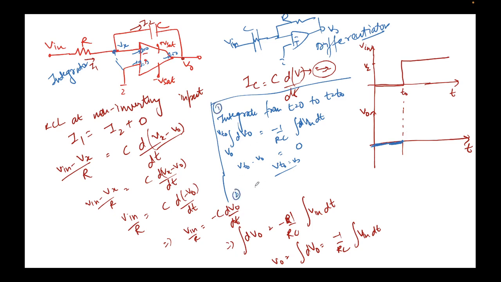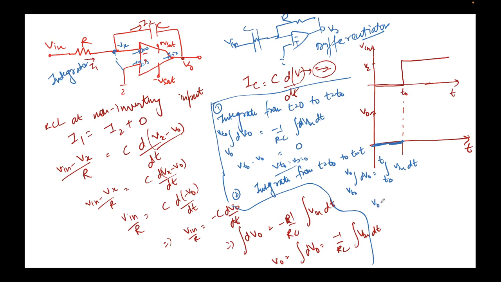Now second, we integrate from t equal to t0 to some general time t equal to t. Again, I'll use the same expression that we had derived. So we get the integral of dv0 equal to minus 1 by RC times v in dt. Now the limits are t0 to some general time t, so it will be vt0 to some general output v0.